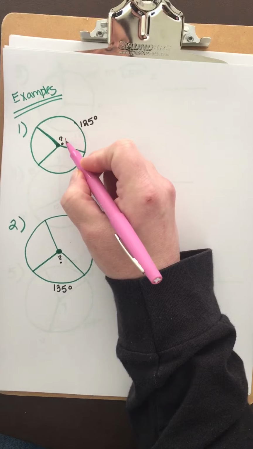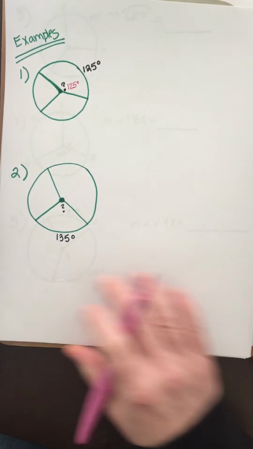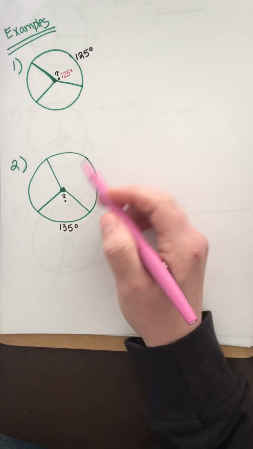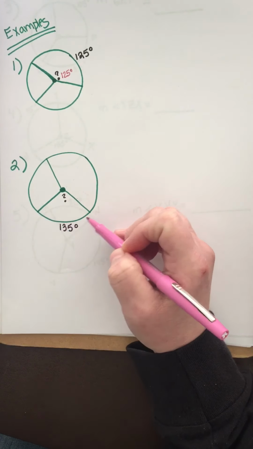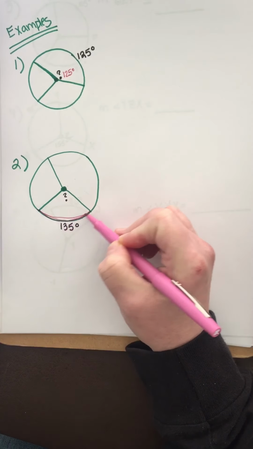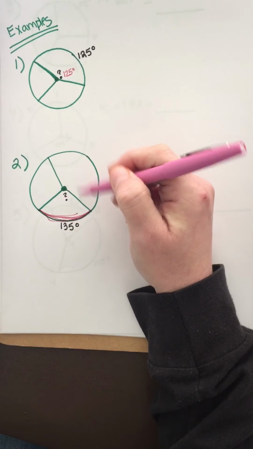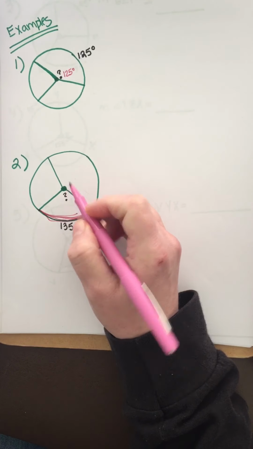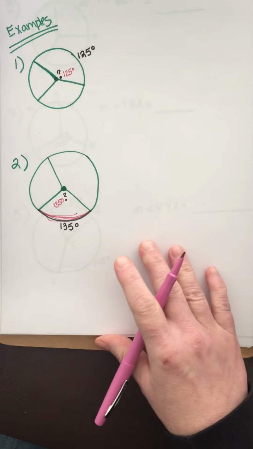So this would also be 125 degrees. All right, let's look at this one. Same thing. So we have the measure of this arc, which is 135 degrees. And since this is a minor arc, the measure of this central angle would also be 135 degrees.